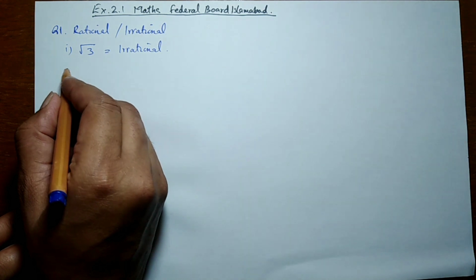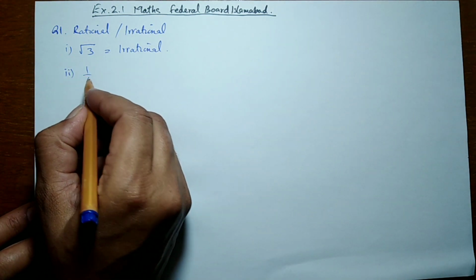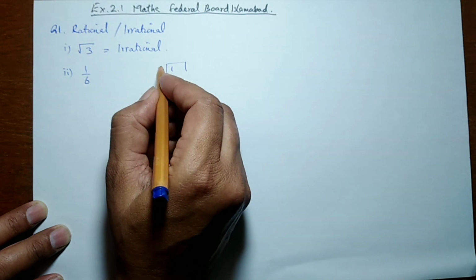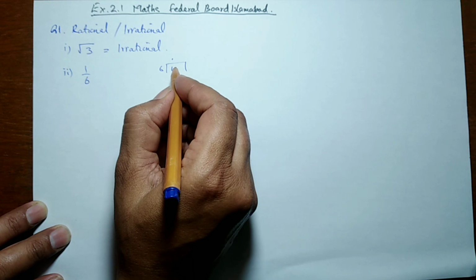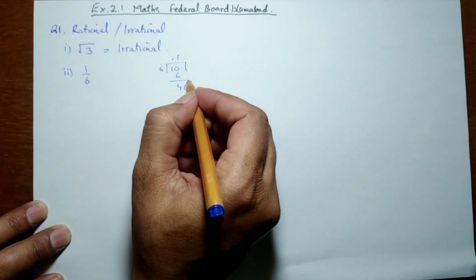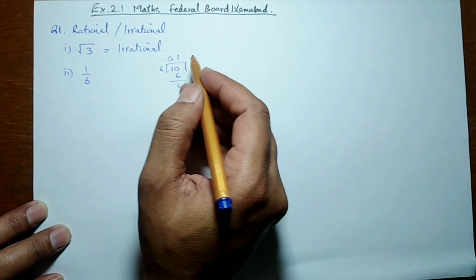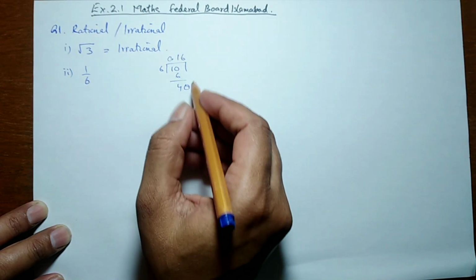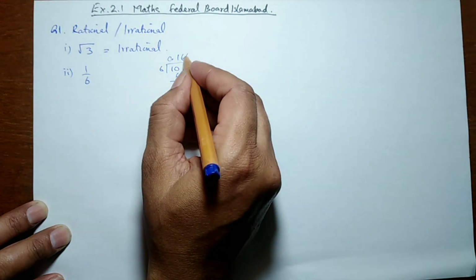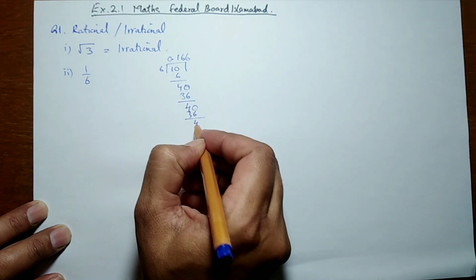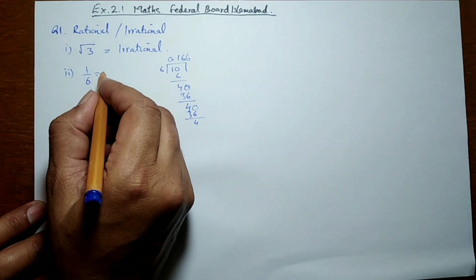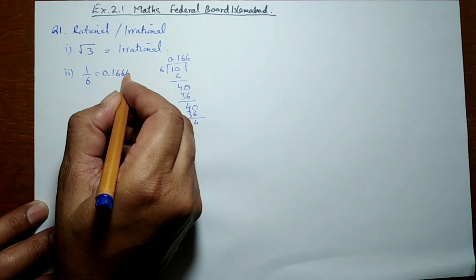Okay, second question is 1 upon 6. Now let's see what answer we get after dividing. 6 1s are 6, we have 4 here, introduce 0 here because we have already mentioned the point. 6 6s are 36, we have again 4, again 0, 6 6s are 36, and you can see the 4 comes as a remainder each time, and the answer is 0.1666, and so on, it continues.